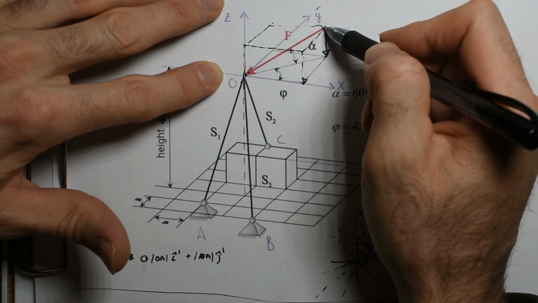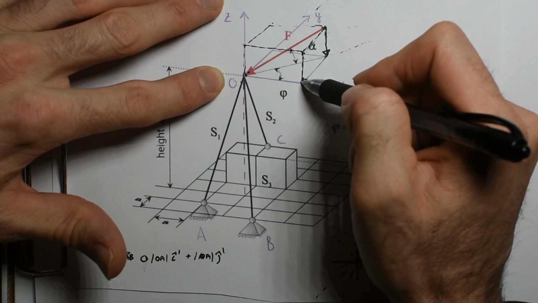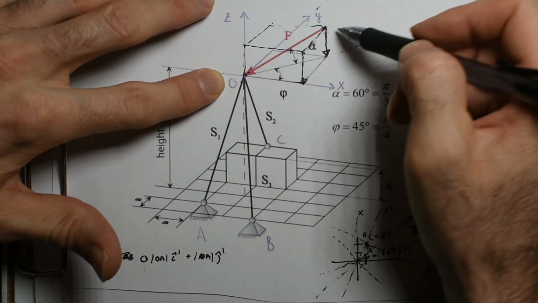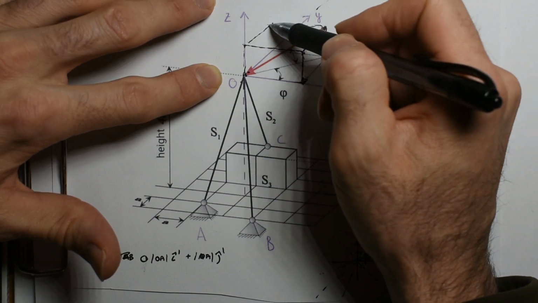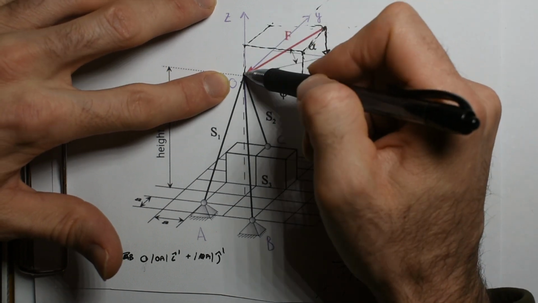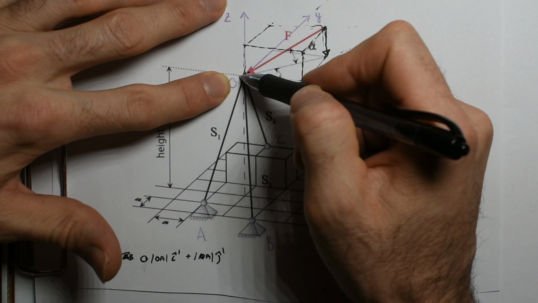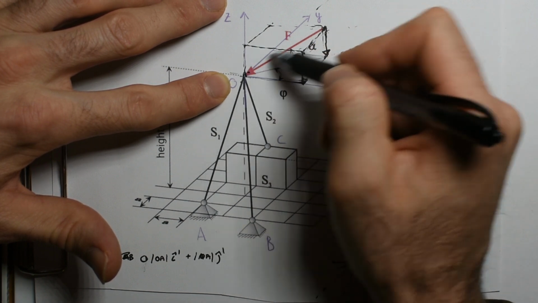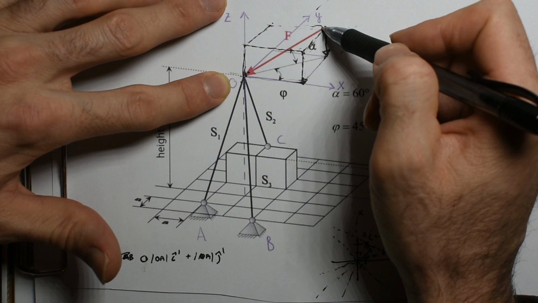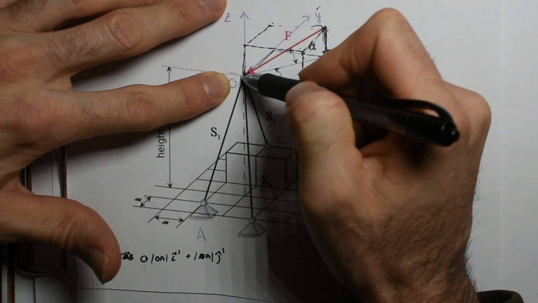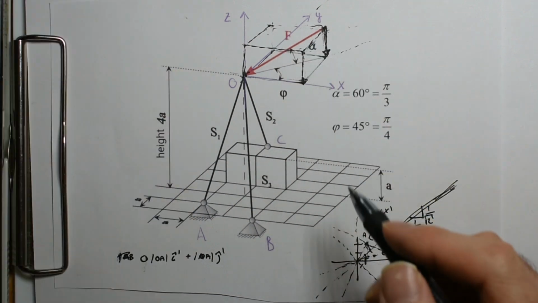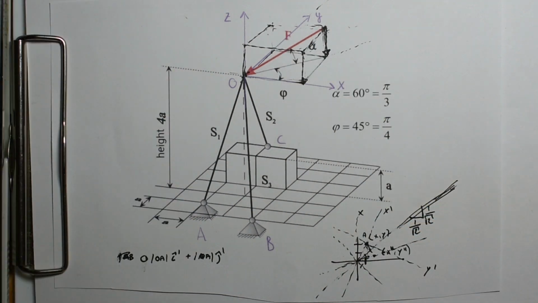I can go this way in the y, this way in the x, and then this way, y, z, x. I could go x, y, z. So one way, two ways, three ways, four ways, five, six. Maybe there's up to six different paths that I could take.